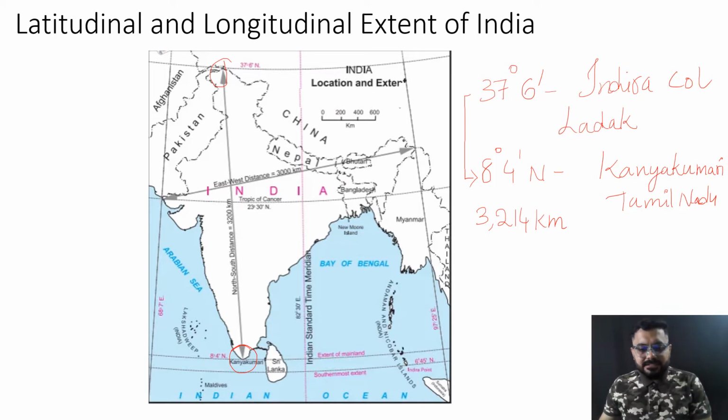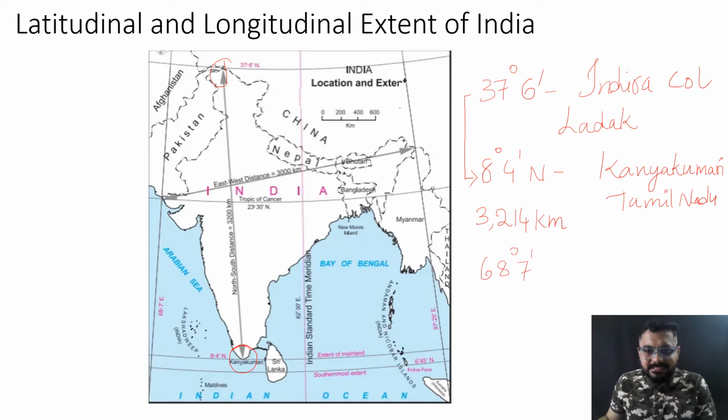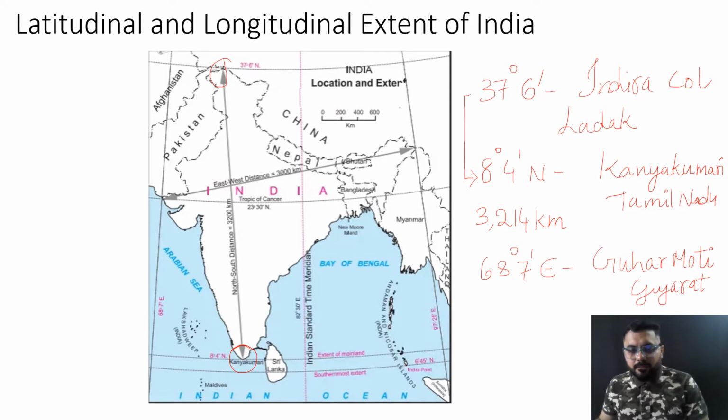Similarly, in the west, you can see the westernmost point of India is located at 68 degrees 7 minutes east. This is at Guhar Moti in Gujarat. In a similar way, on the eastern side of India, this is the point.